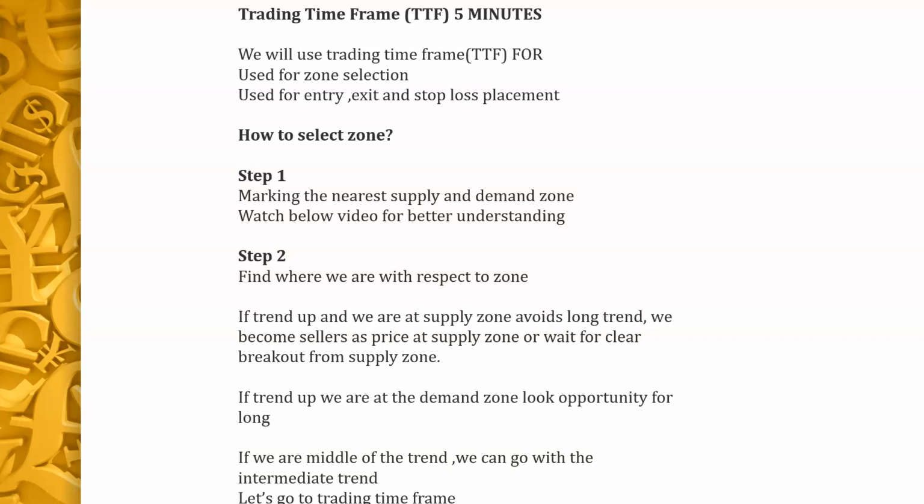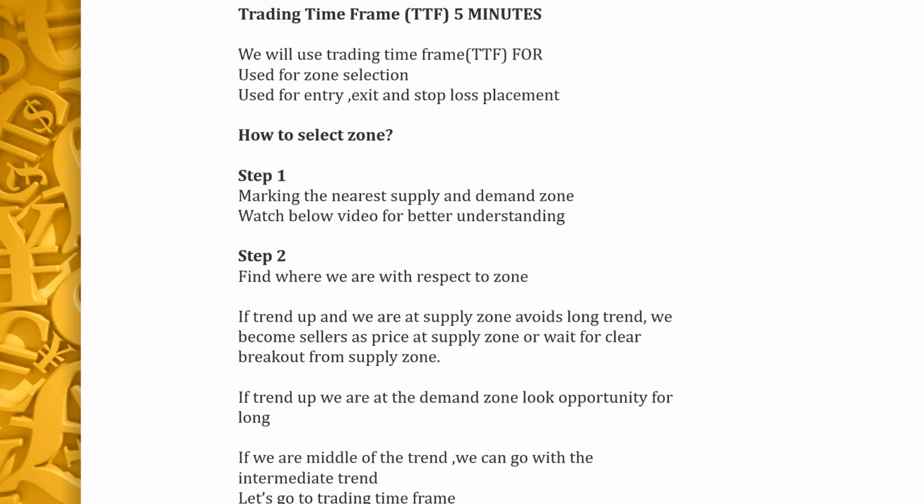If you're using RSI, Bollinger Bands, EMA crosses, anything that your particular strategy calls for as an entry point or an alert for a signal, you can wait until after we hit that supply zone and then execute using your actual strategy. Now, if the trend is up and we're at a demand zone, we're going to be looking for an opportunity to go long. Eventually I'll show you an example of that.